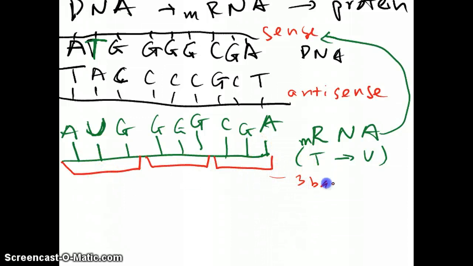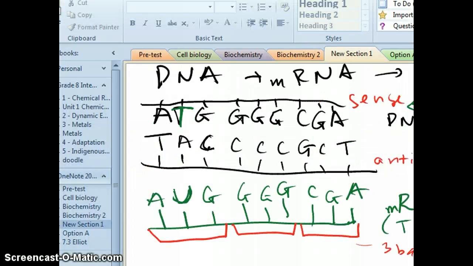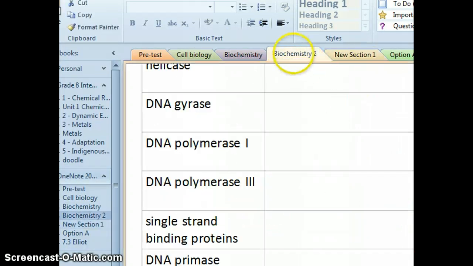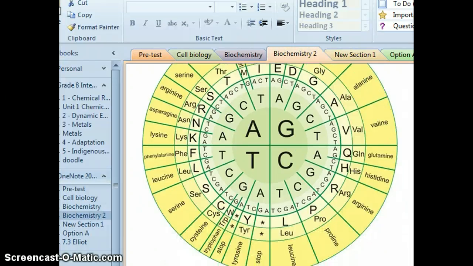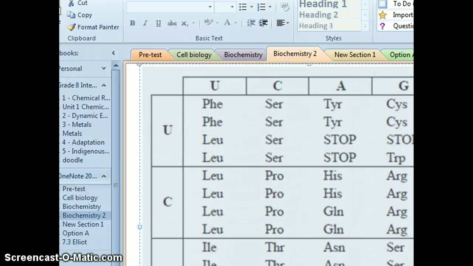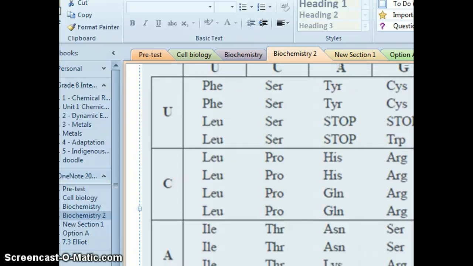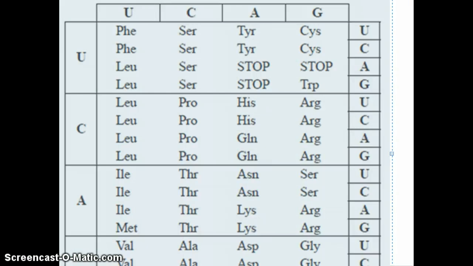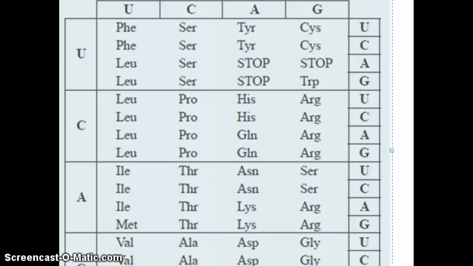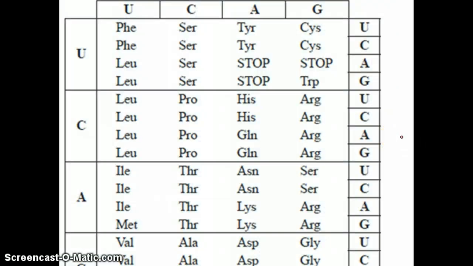Then you would use a table, something that looks kind of like this, to figure out what your amino acid is going to be.